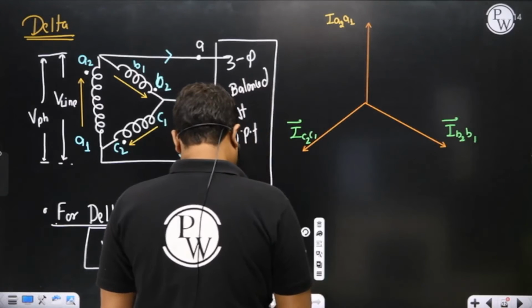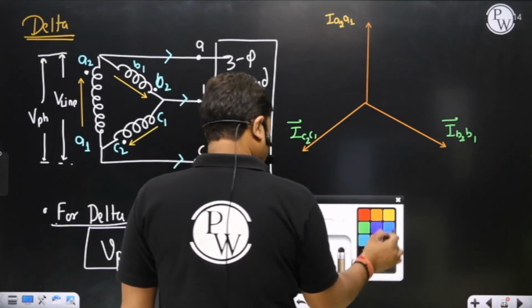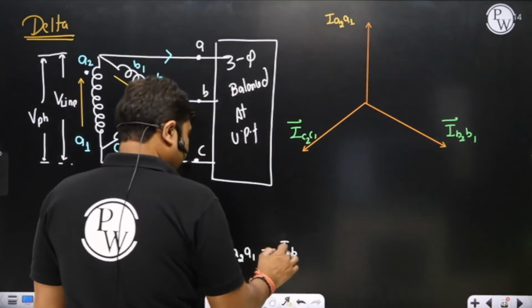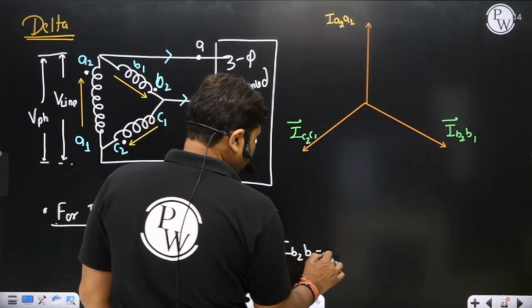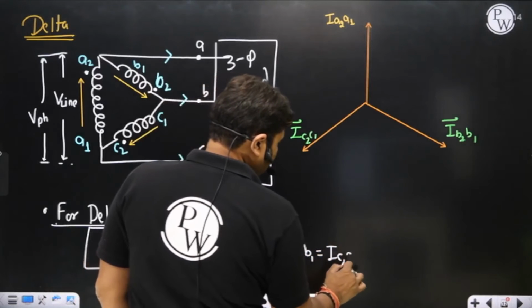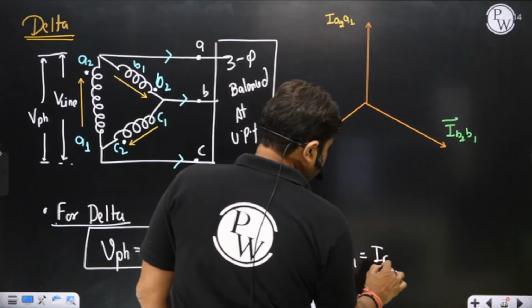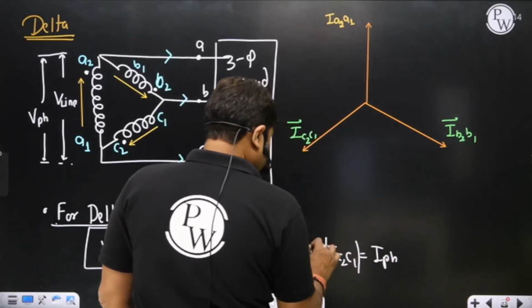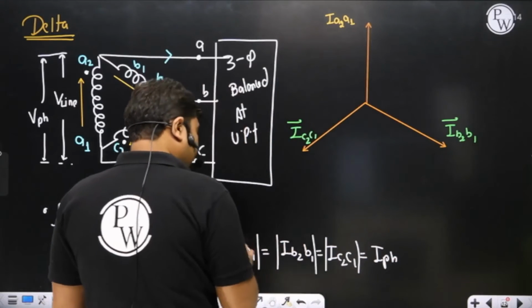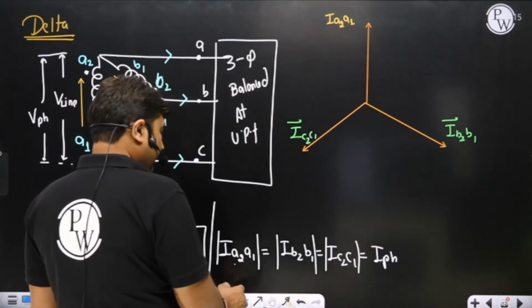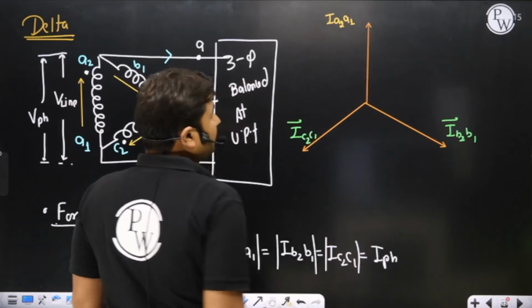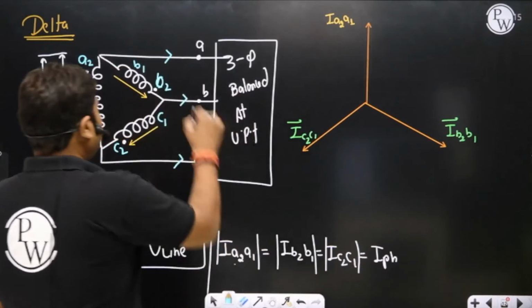Can I say this? Yes, sir. Let it be phase current IPH. They are equal in magnitude but displaced in time by 120 degrees. Yes, sir.